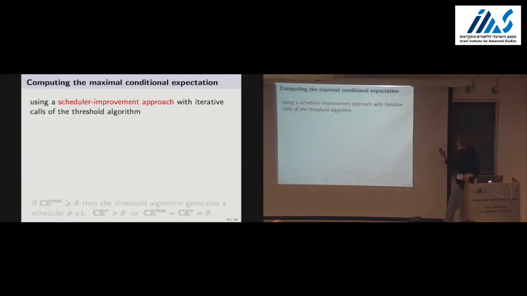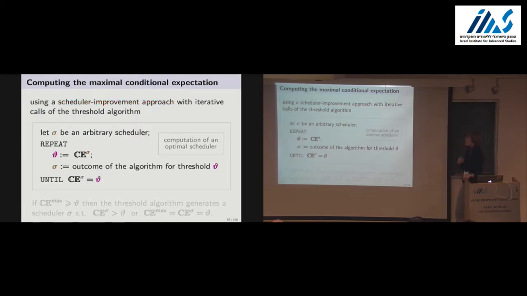Well, and this is how to compute the maximal conditional expectation. First, I hope you can read. Can you still read this? So this was this threshold algorithm, and what we could prove is what it does.